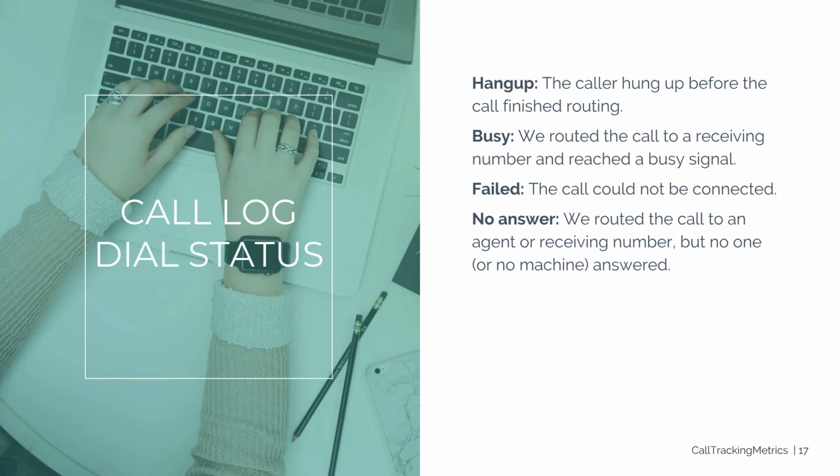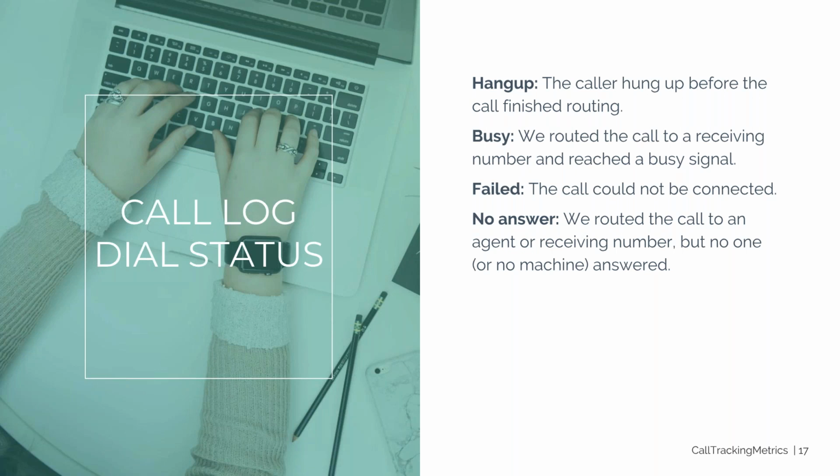Busy means we routed the call to a receiving number and reached a busy signal. So our tracking numbers themselves will never have a busy signal, but if they're routing to a receiving number, that's when they'll hit busy signals. Failed means that the call could not be connected.